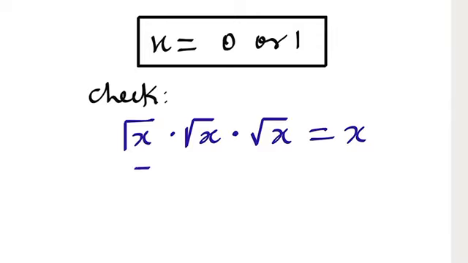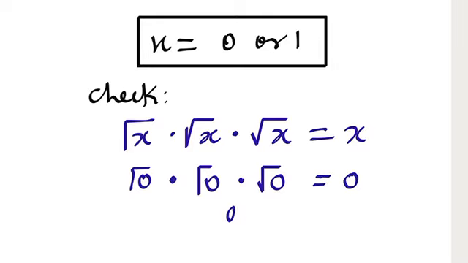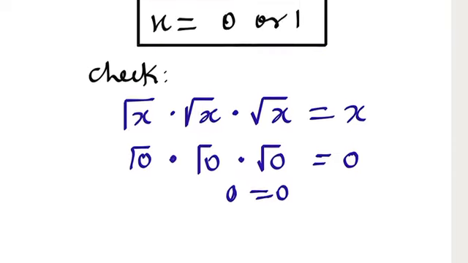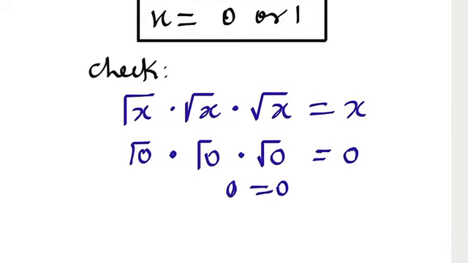If you say root of 0 multiplied by root of 0 multiplied by root of 0, you can see that this is going to give us 0, and everything will be 0 equals 0.